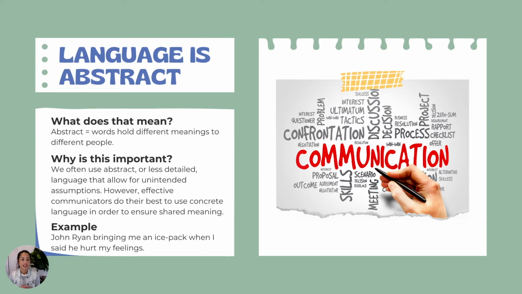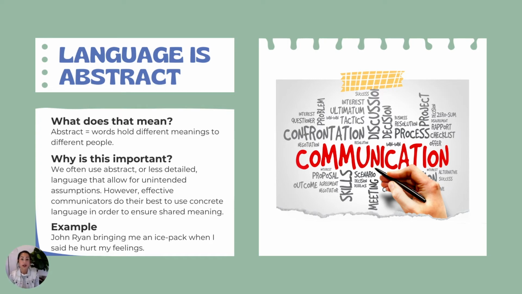Another example of this that I thought was cute was when John Ryan the other day brought me an ice pack. We were playing, and then he said, oh no, I want to play with that, and he took it, and I'm teaching him sharing and turn taking. So I looked sad, and he said, okay, Mama, and I said, no, that hurt my feelings. But that was very abstract to him. He didn't understand.